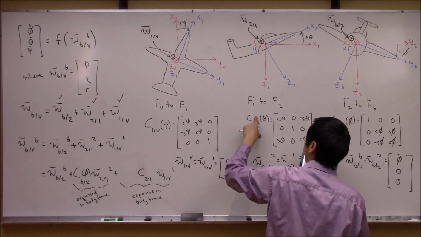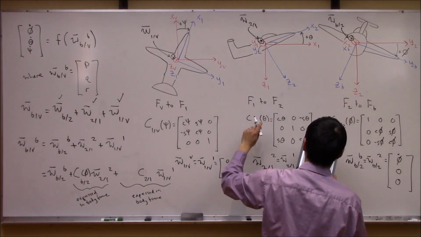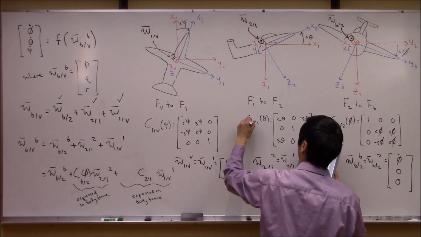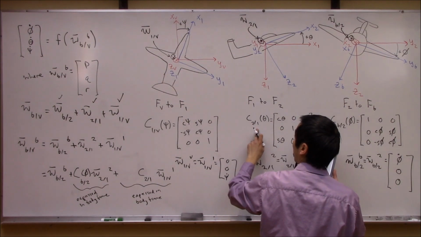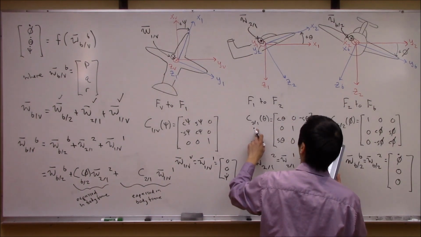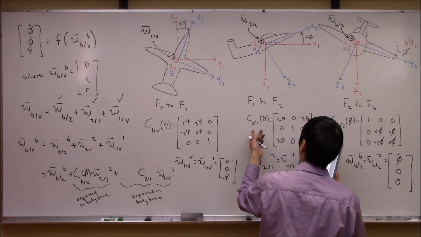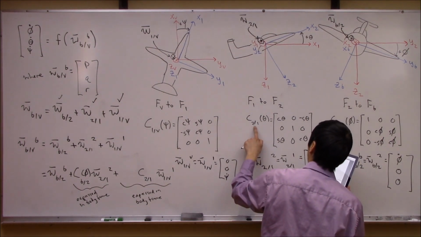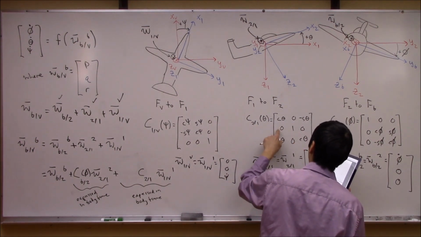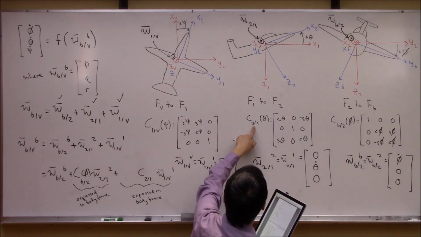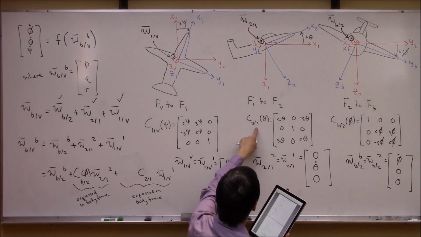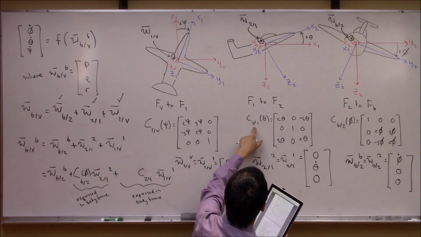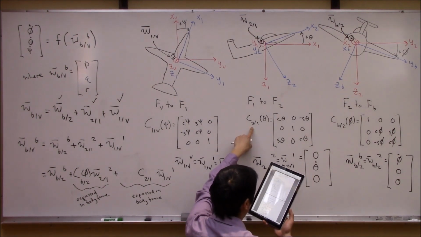This goes from the 1 to the 2 frame, so it's 1, 2. I think I switched the indices. Correct the page: in the first couple minutes of this video, I think these indices were in the wrong direction, but this is the actual matrix that we want. This should now all be consistent with our previous lecture. I apologize, I had the indices transposed here, but this is correct.